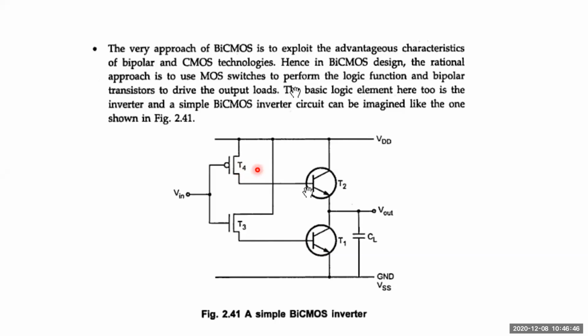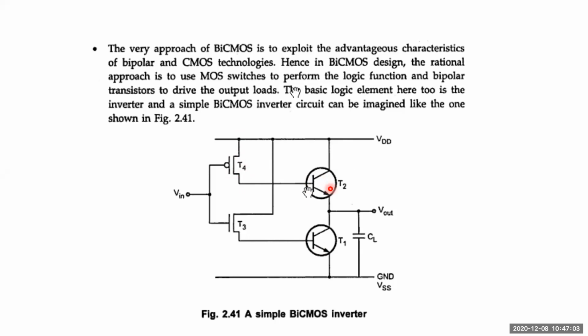Similarly, whenever T4, the PMOS, is on, the channel is formed and VDD flows through the output of this one. That output triggers T2, so T2 comes into the on state, in conductive mode.